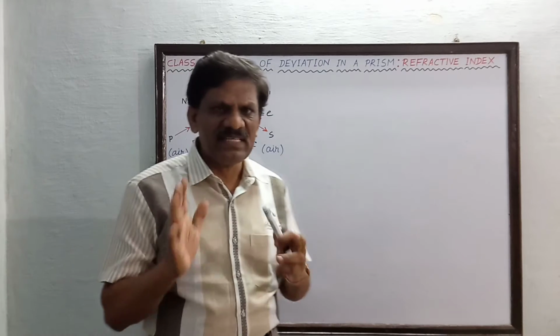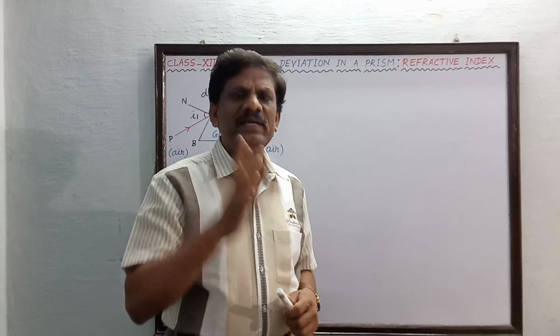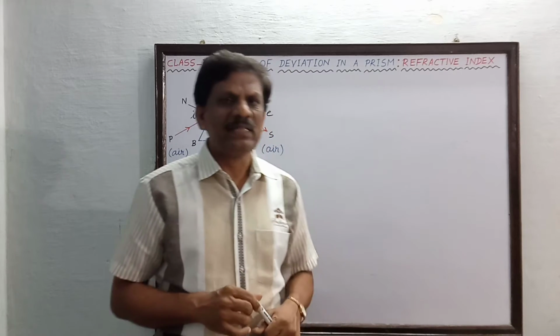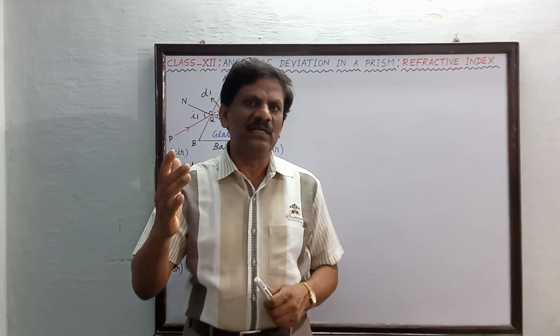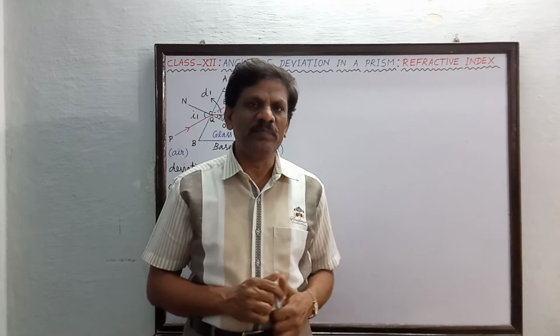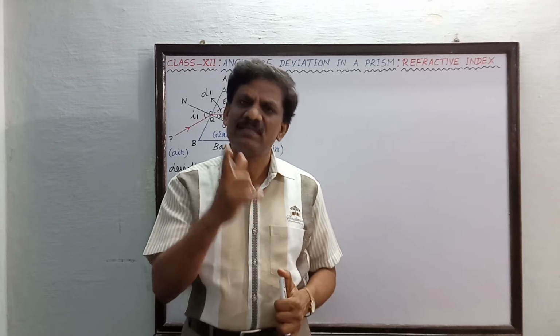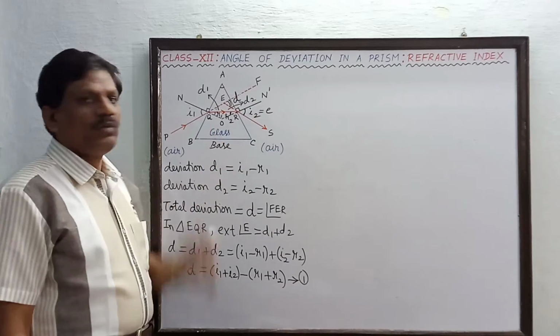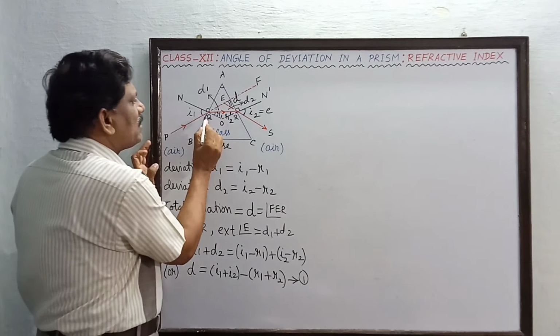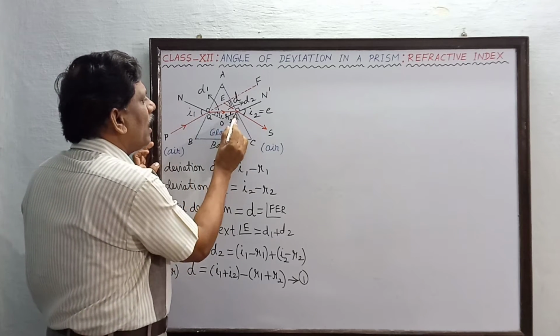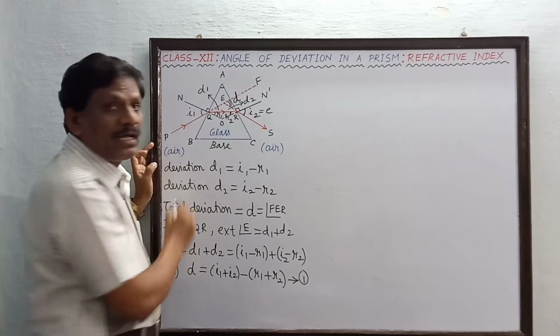Have you all understood up to this step? First of all, the total deviation produced by the prism is equal to the sum of the deviations produced at surface 1 and at surface 2. That is, D equals D1 plus D2. Now in the diagram, notice one triangle QOR.